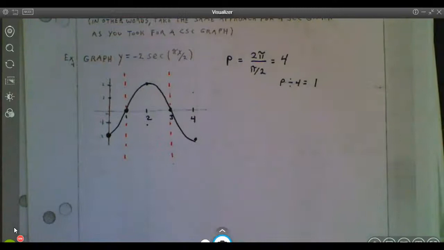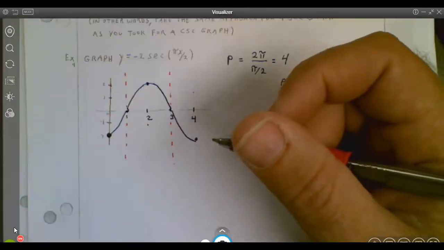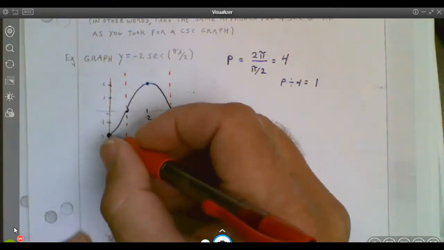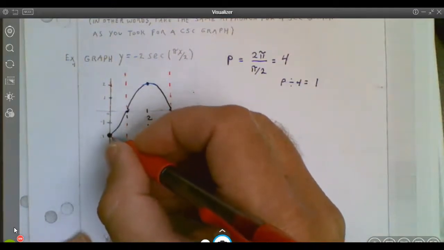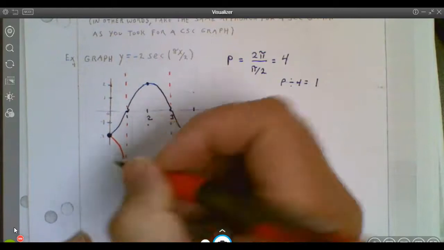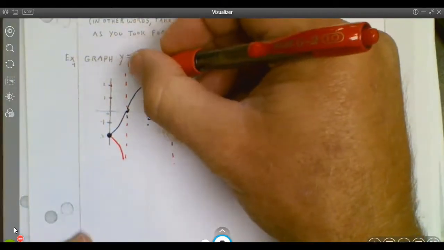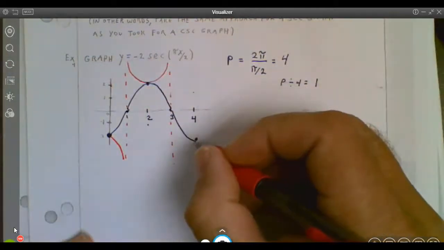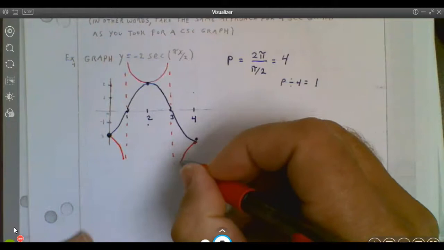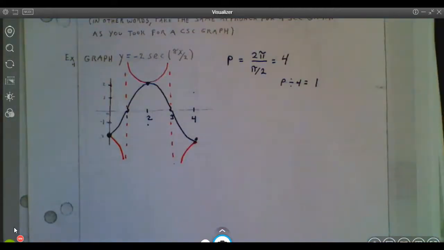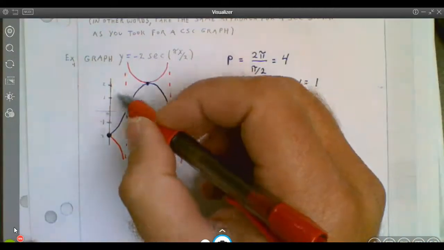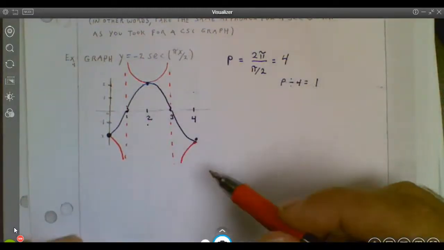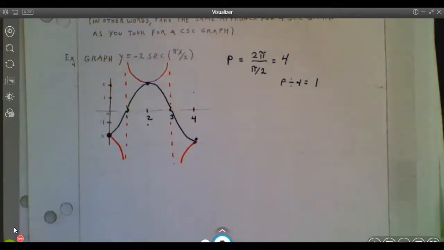If I just graphed it for 1 period, so if I just did the reflection of the blue graph, then it should look something like this. Now, that can be a little tricky. A lot of times we might think of going this way with it. It can be a little tricky if you only do 1 period as far as these lower guys, but let me show you why that is what it is.